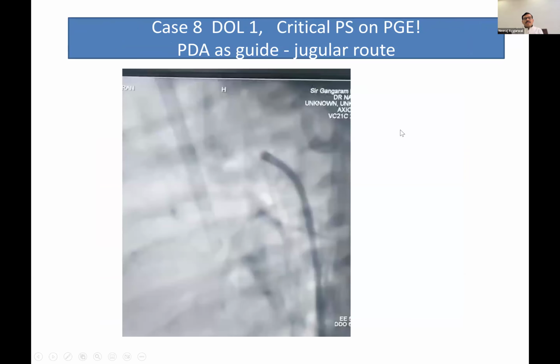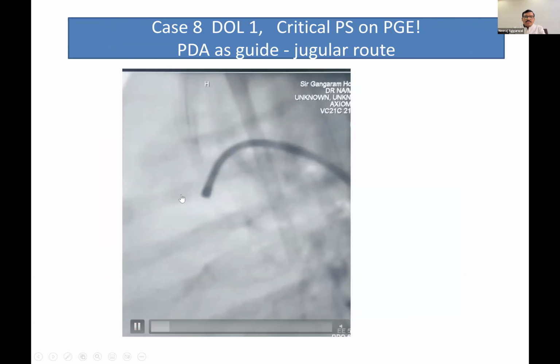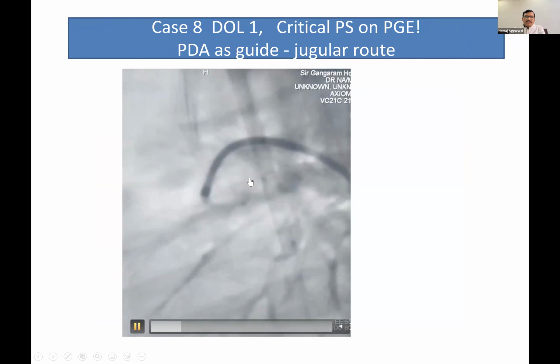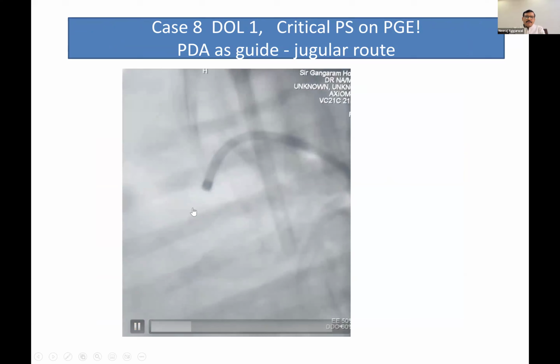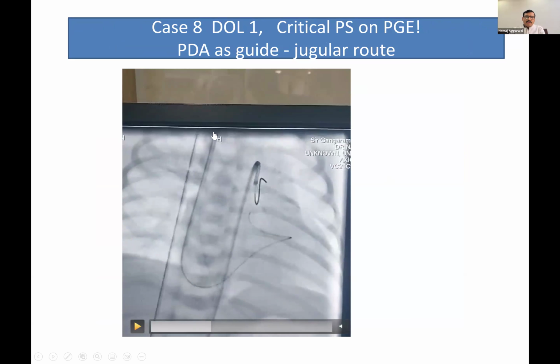This is another case. Again, this patient was also on PGE1. We attempted all the routes, jugular also. Then we thought, let the PDA be the guide for us, and use the jugular route. This is the endotracheal tube. This is the ductal injection to see the pulmonary valve location, and then through the jugular route, cross the RV and use the PDA as a guide.